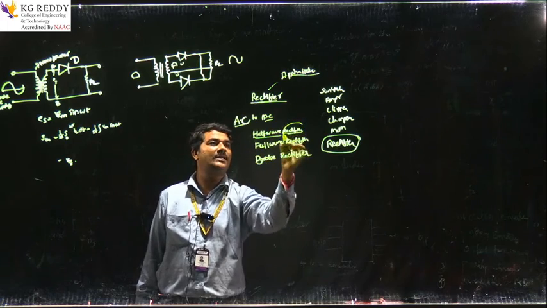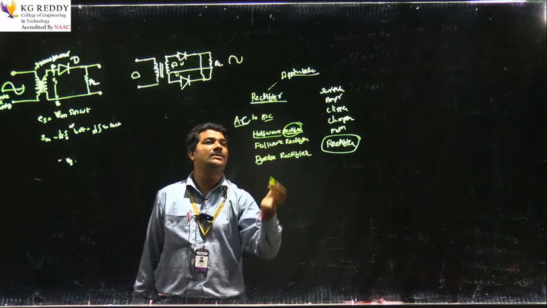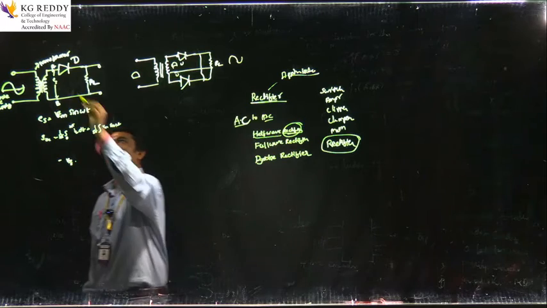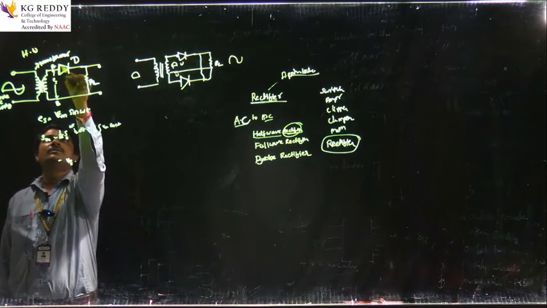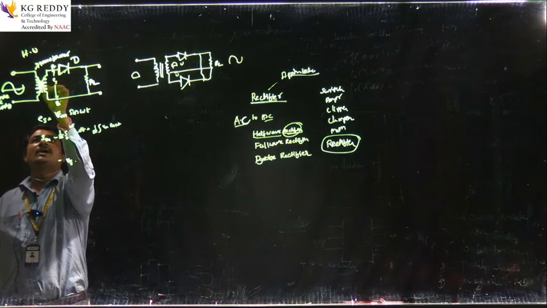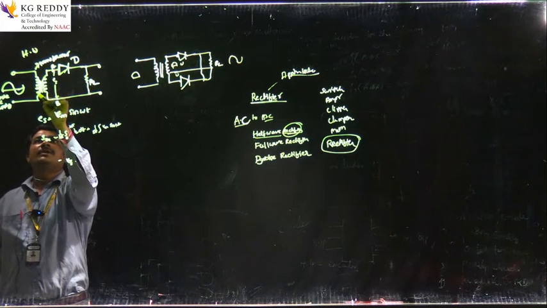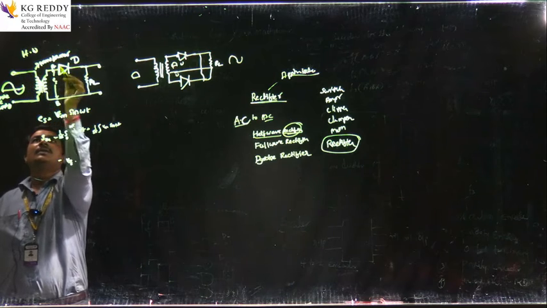We already discussed that a rectifier converts AC to DC. We will discuss the half wave rectifier diagram. It consists of one diode followed by a transformer.